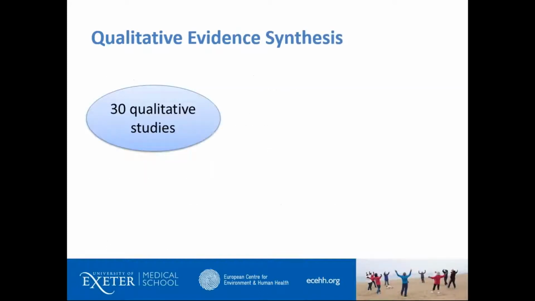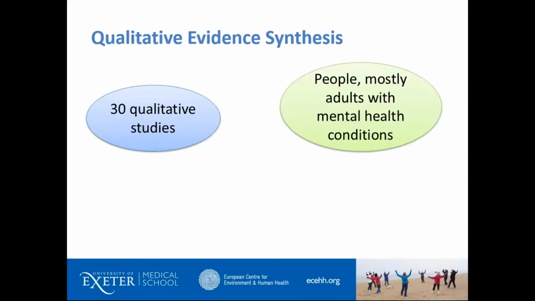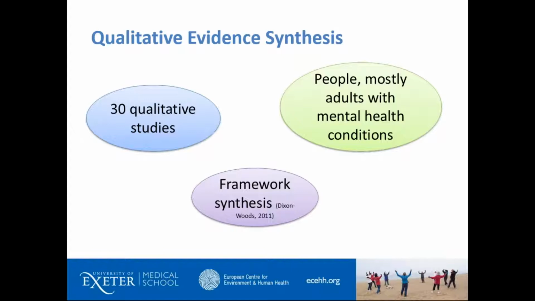So with that context, I can tell you a little about the qualitative evidence synthesis, which had 30 qualitative studies, 10 of which were mixed methods. 5 focused on children or adolescents, but mostly we were looking at adults with mental health conditions, some of which could be classed as quite severe or serious and included psychotic disorders, depression, mood disorders and schizophrenia. The approach we used to synthesize the qualitative data was a framework synthesis approach.